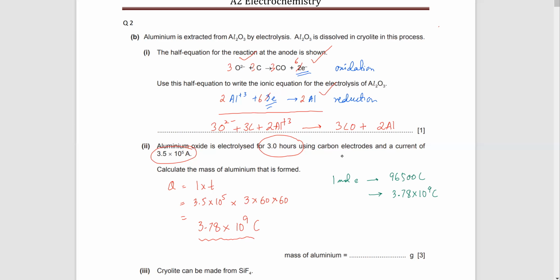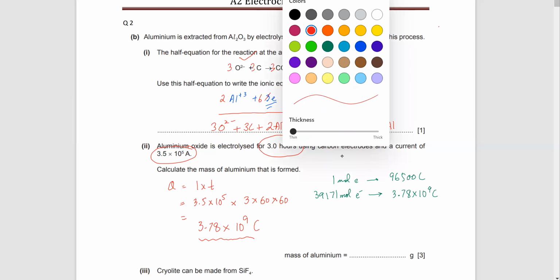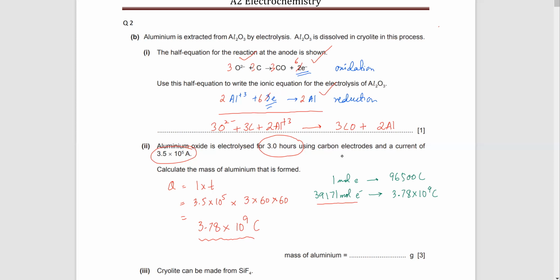And if I do that, the moles come out to be 39,171 moles of electrons. That's the quantity of electrons passing through the circuit. Now calculate the mass of aluminium. How many electrons do you need to make aluminium?